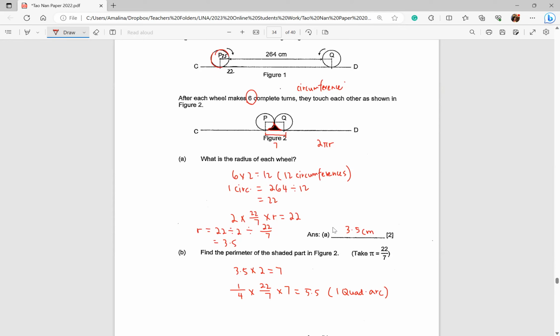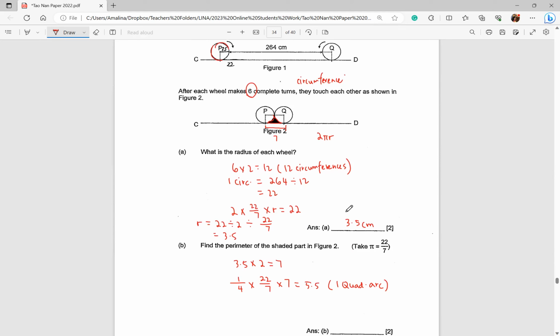Okay, but because there's 2 arcs over here, I will have to times this by 2. So 5.5, I times 2, and then plus my 7. So I will get my 18. That's the perimeter of the shaded part.